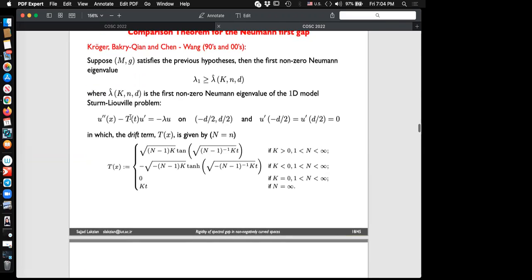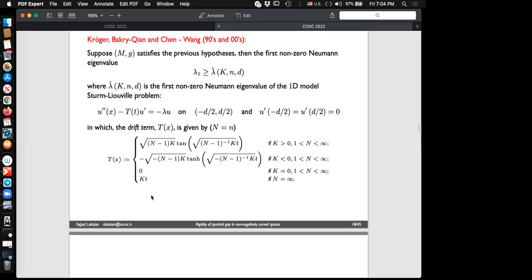Okay, so the drift term in this Sturm-Liouville type equation is given by this function. You might have seen this kind of function a lot in the topic of curvature bounds, and it also appears here in the comparison principle.